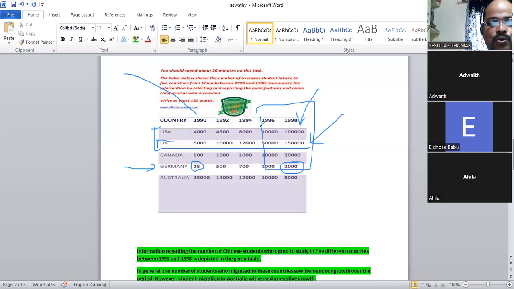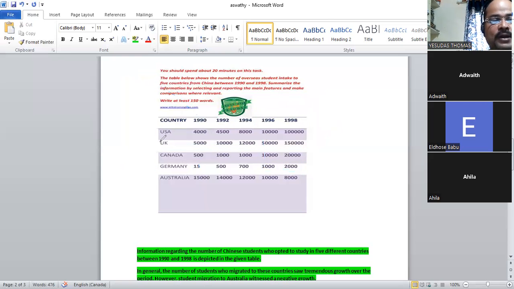The last 2 years, that's also a main point there. You can state that too. So, we need to find relevant points there.